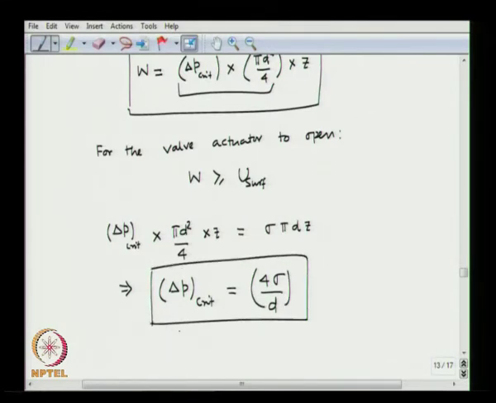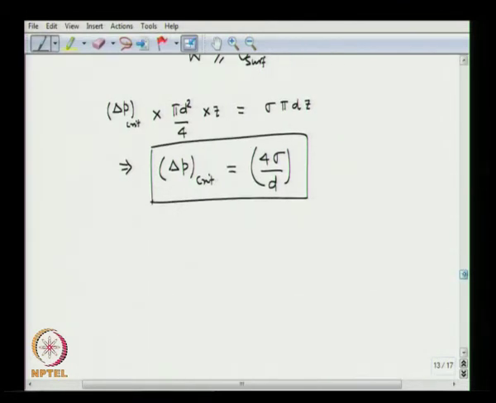Now, knowing the critical pressure, we can find the compression ratio. Considering water as the liquid, with sigma as 72 into 10 to the power minus 3 Newton per meter, we can find delta P critical.